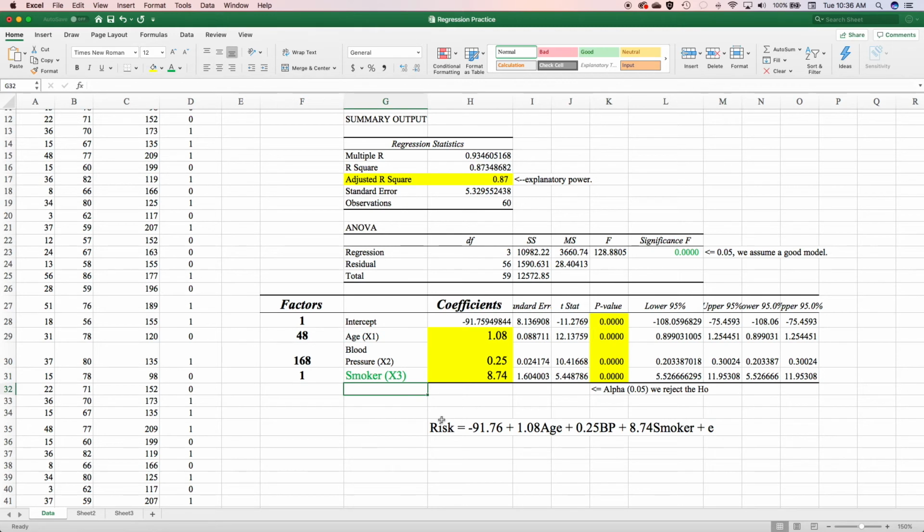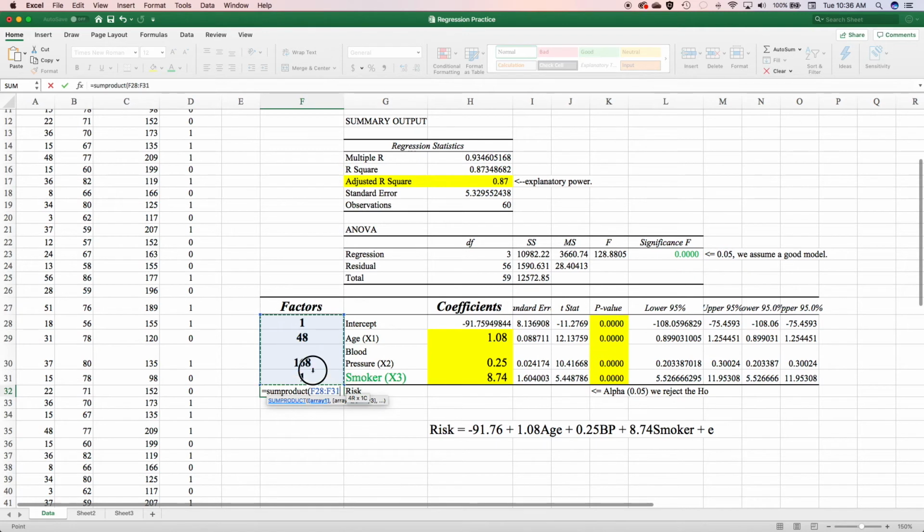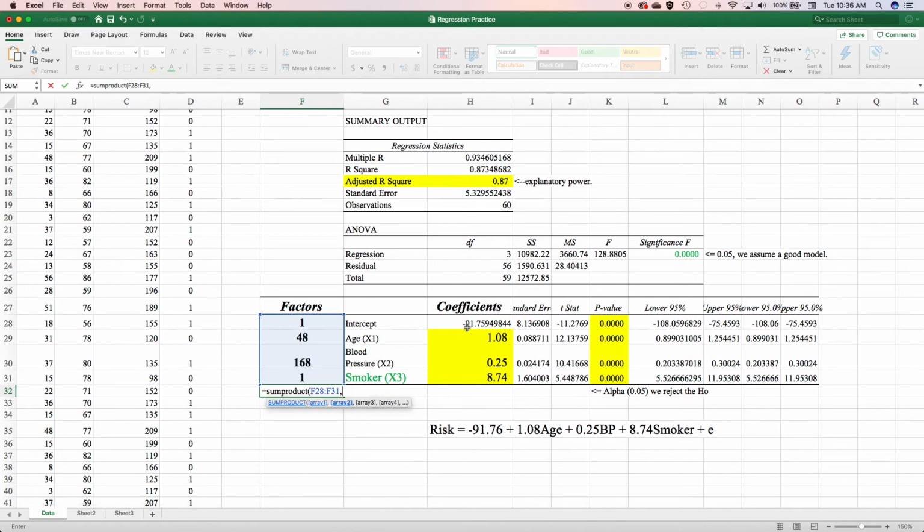To find out their risk, what the risk is, we simply take the sum product of the factors times the coefficients. So we take the sum product of the factors and the coefficients. And when we put all those together, we can see that this person needs to stop smoking, right?